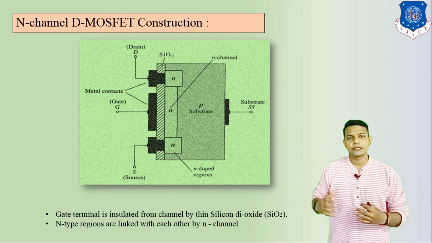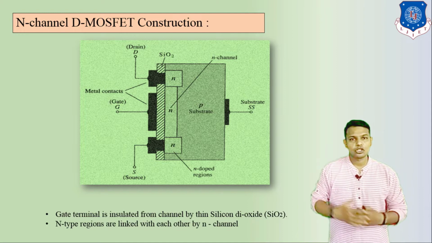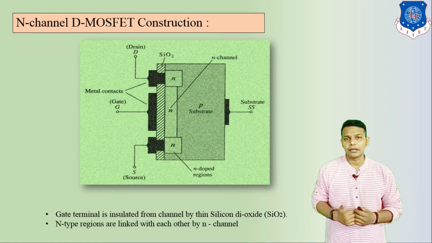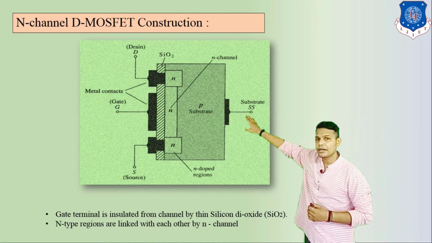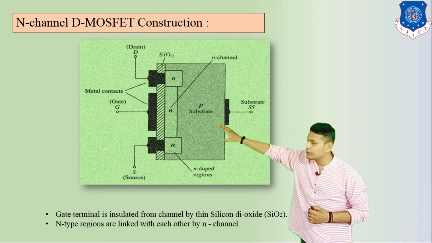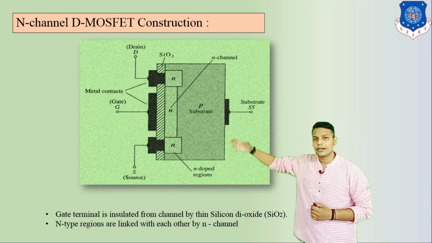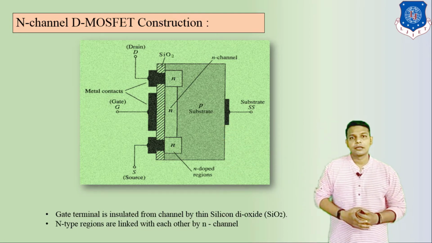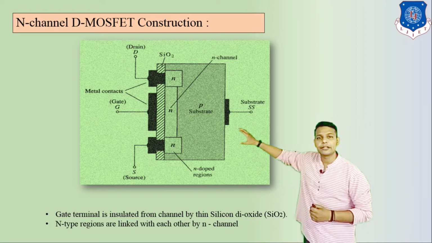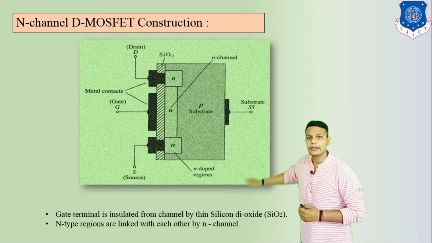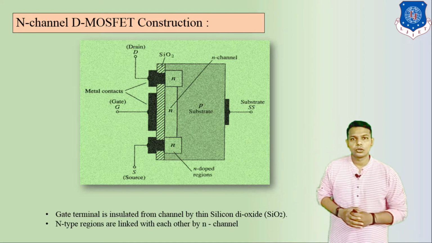So why is it called MOSFET? M is for metal. Here we can see dark lines: these dark portions are metallic contacts which are connected to the different terminals: drain, gate and source.